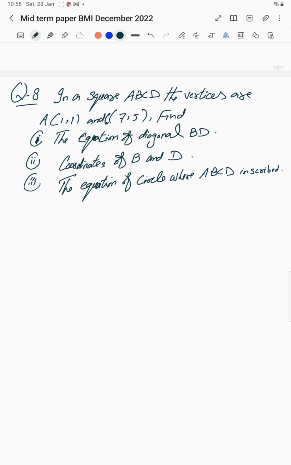First of all, you are given a square ABCD, all sides equal. We are given the coordinates of A and C, that was (1, 1) and (7, 5). And BD we are looking for. Suppose B is here.